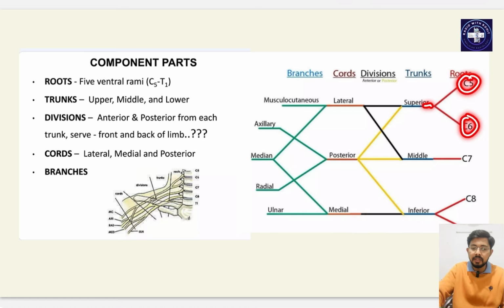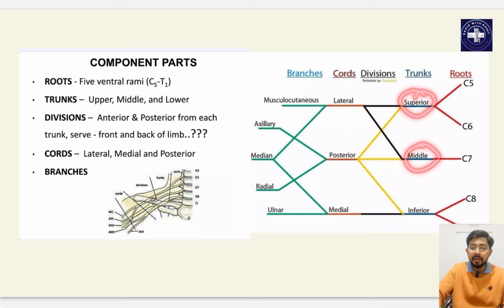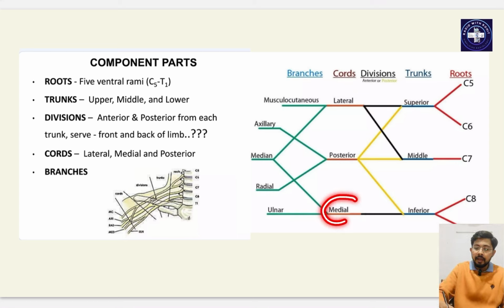So C5 and C6 form the superior trunk, C7 forms the middle trunk, C8 and T1 form the inferior trunk. Posterior divisions of all the trunks merge together and form the posterior cord, while the anterior divisions of the superior and middle trunk form the lateral cord, and the medial cord is the continuation of the anterior division of the inferior trunk.